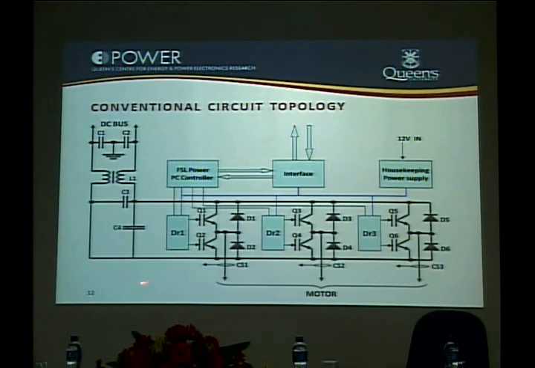What we see here is that this is about a 65 kilowatt system, and the size of this capacitor is more or less the same as the size of this 65 kilowatt electronics module.